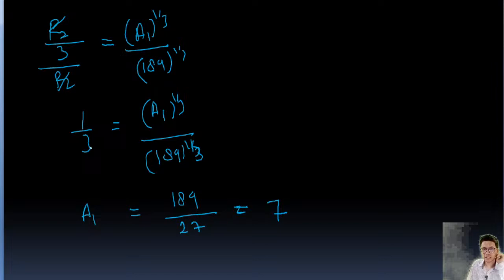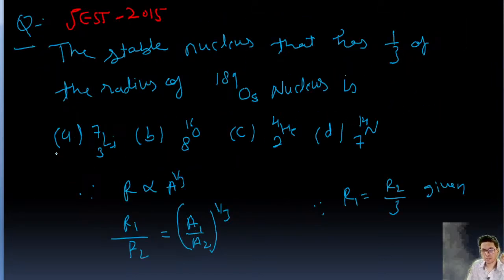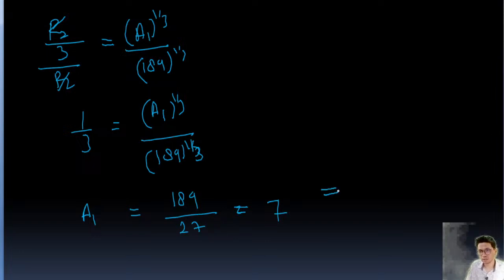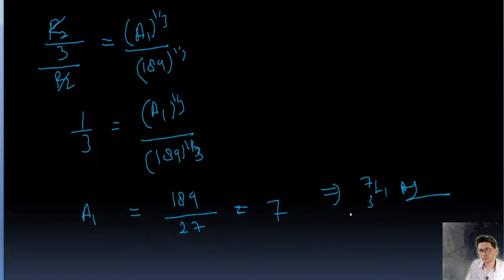So atomic mass is 7. Which is the option with 7? 3Li7 is the correct answer. Option A is the correct answer, guys.